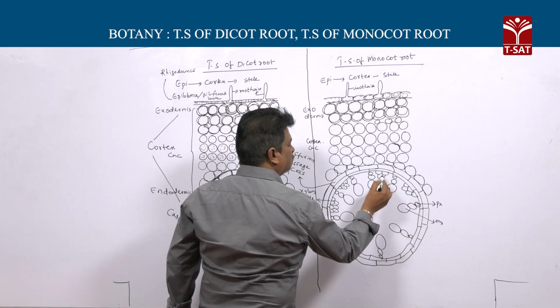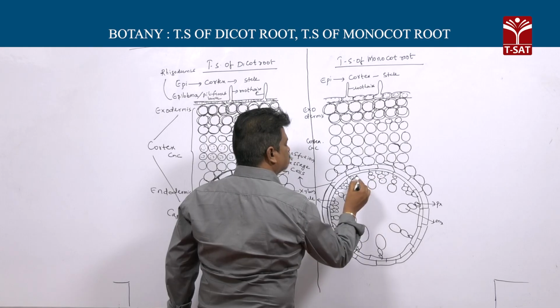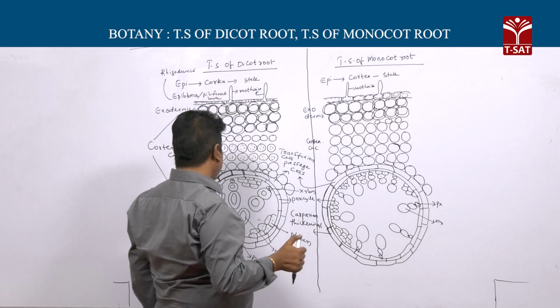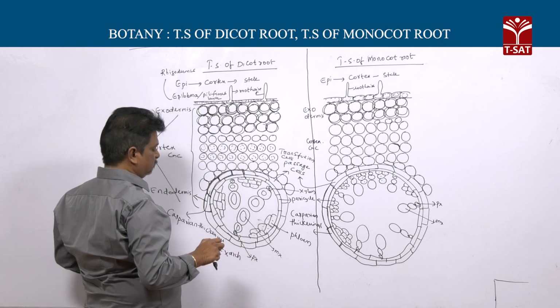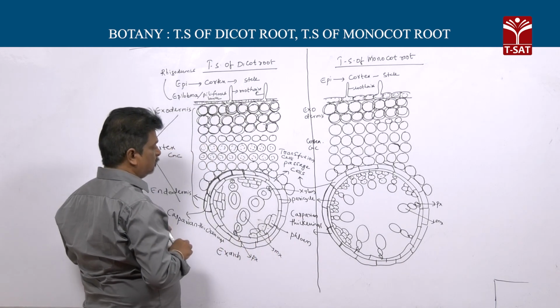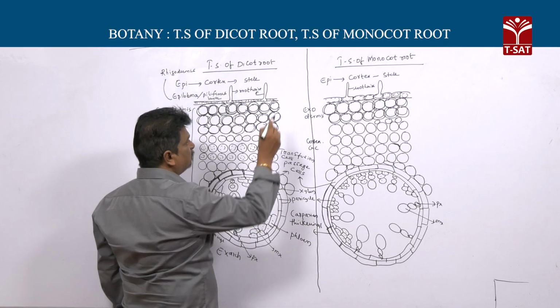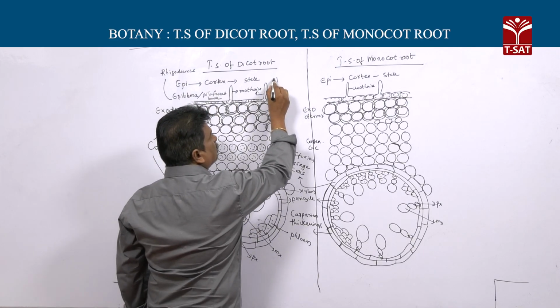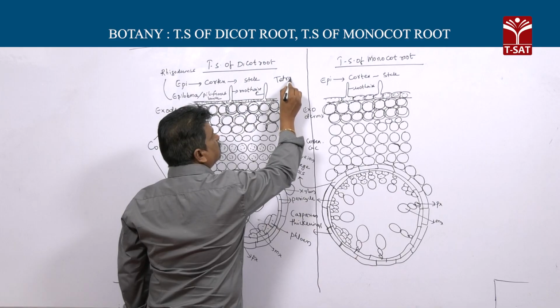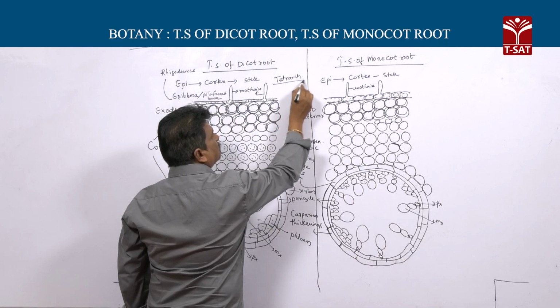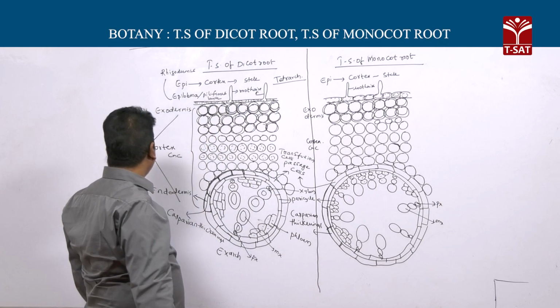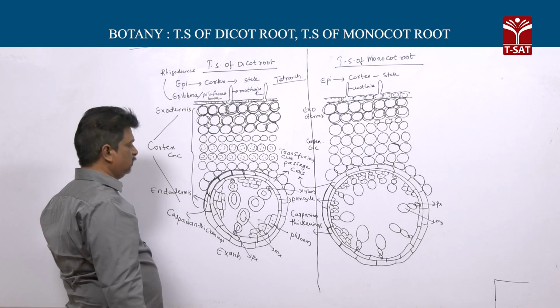Now, the difference is: in dicot root, limited vascular bundles are present. Common is tetrarch. Only 4 xylem and phloem bundles present.